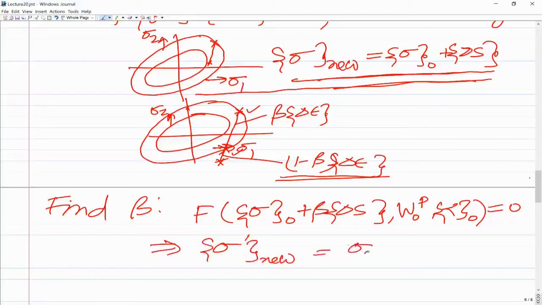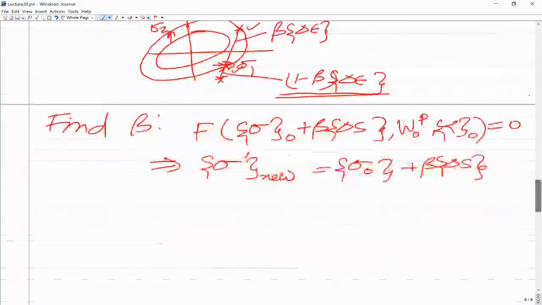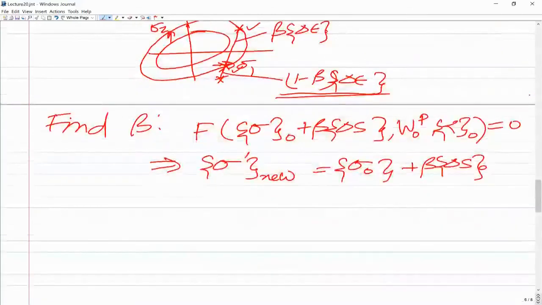So sigma dash new you can calculate. That would be sigma naught plus beta times delta S. We will calculate this. And for the remaining 1 minus beta times delta epsilon step, you will calculate delta sigma as explained in lecture number 18.